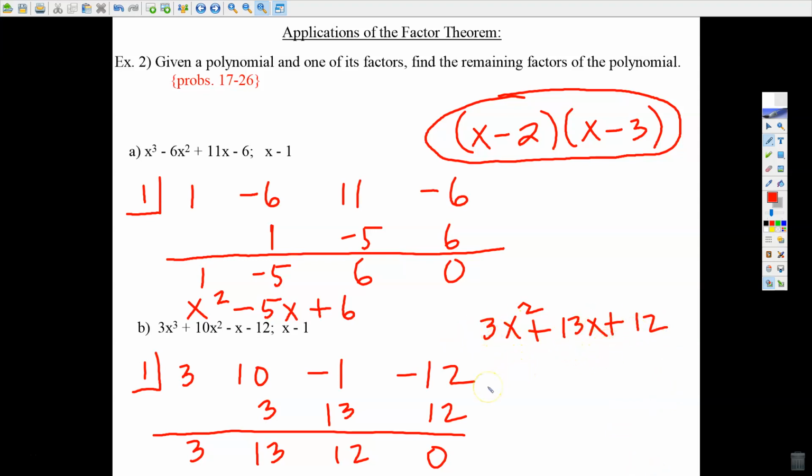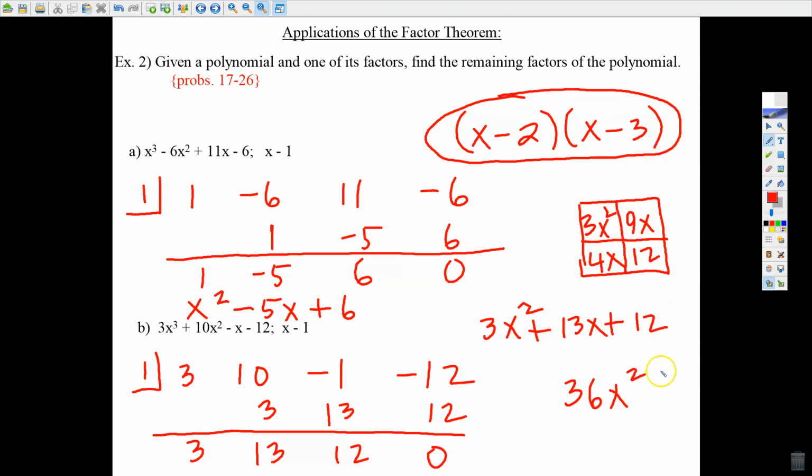So if you want to, you can do trial and error if you like, or you could rely on the box method. Box method comes in handy in cases like this. 3x squared, 12, that's 36x squared. So I need the factors of 36x squared that add up to 13x. That would be 9x and 4x.